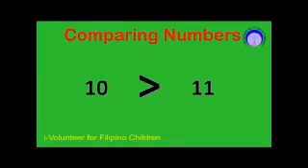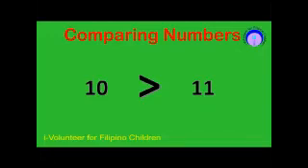Some pronounce 11 differently, but I would prefer 11. The number is 10 is greater than 11. The answer is false. The correct answer is 10 is less than 11. I repeat, this is read as 10 is greater than 11.